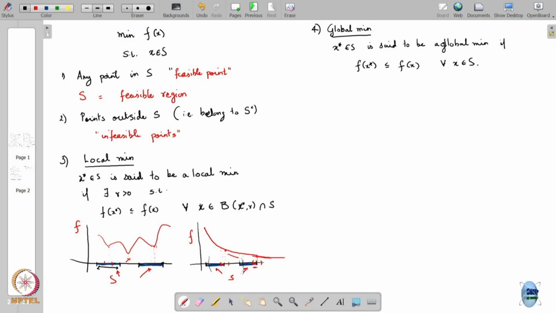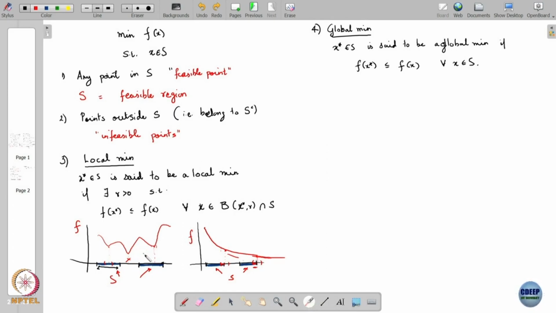So, a global minimum is defined in this way. Now come back to our two examples. Can you point out in these two cases what is the global minimum? So let's start with this one.